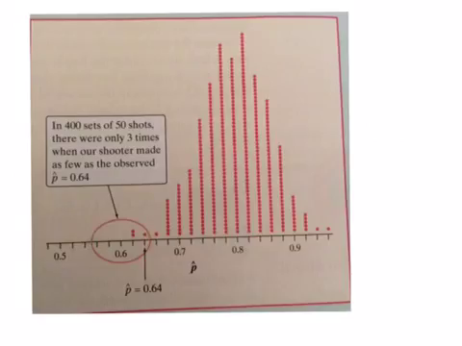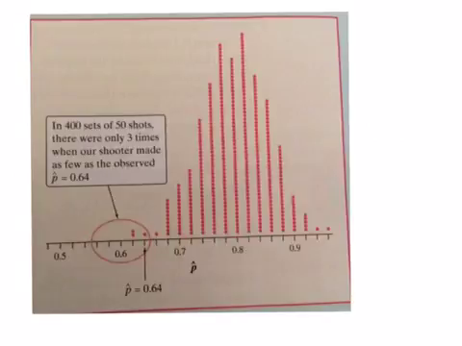So here's our computer-generated data. 80% free throw shooting. They took 400 sets of 50 shots each, and notice kind of a normal curve with our center right there at 80%.